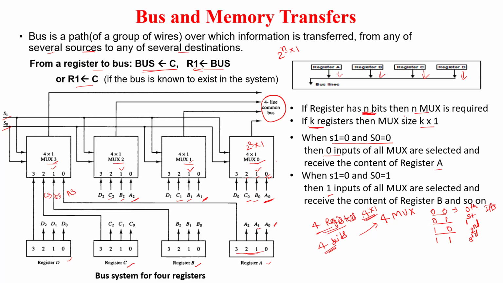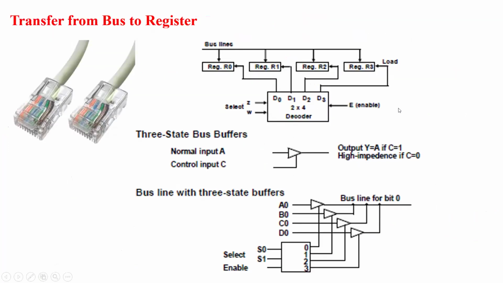On the basis of N we decide how many multiplexers, and on the basis of how many registers there are, we decide the size of the multiplexer. And 0 0 selects the zeroth input of the multiplexer, 0 1 the first, 1 0 the second, and 1 1 the third input of the multiplexer is thrown to the bus. So one by one, register A, B, C, D information is transferred to the bus.